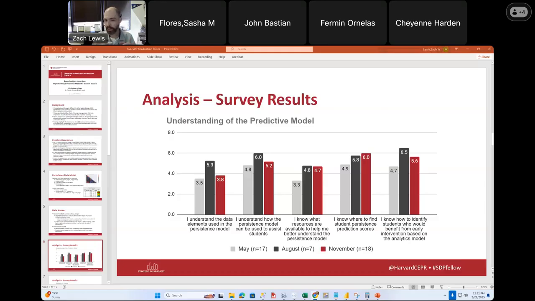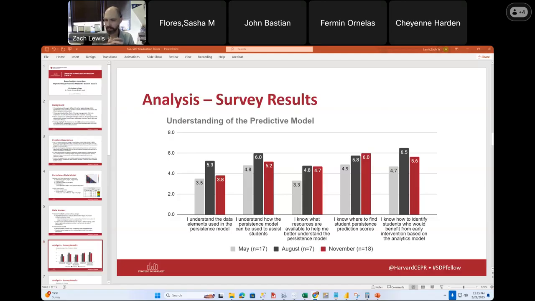For example, we saw advisors' understanding of how to identify students resulting from the predictions. Average scores out of 7 increased from 4.7 to 6.5. And so that helped us to understand that the initial coaching and training that we did had some measurable impact on readiness and understanding of the data.